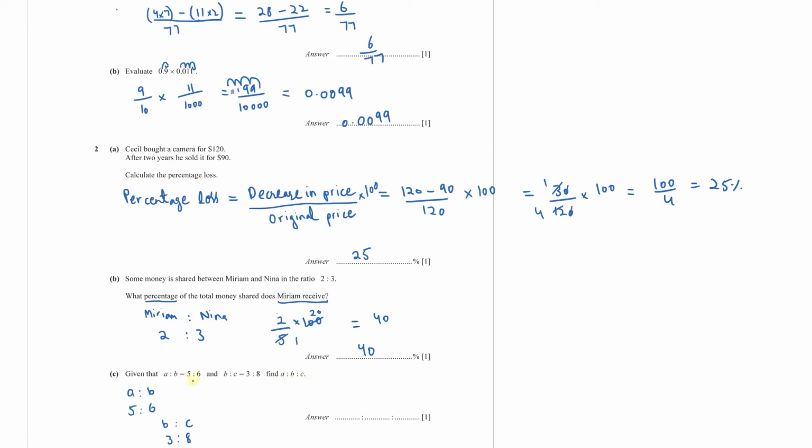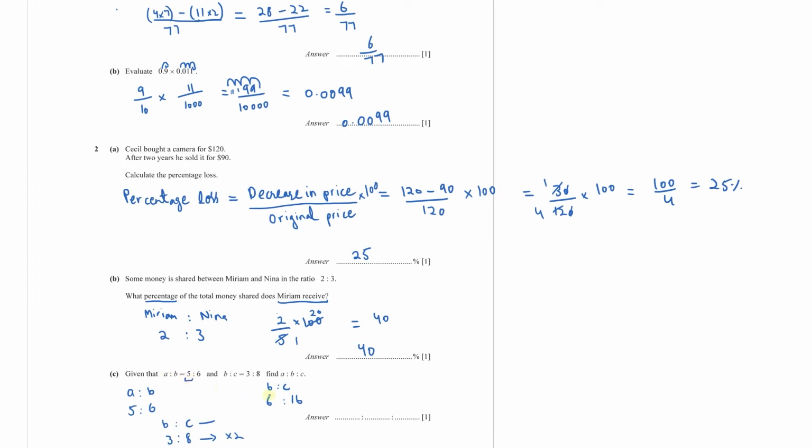So in this ratio, the value of B is 6, but here this value is 3. So if I multiply this ratio by 2, I get B ratio C as 6 ratio 8 times 2, which is 16. Now when B is 6, what is the value of A?